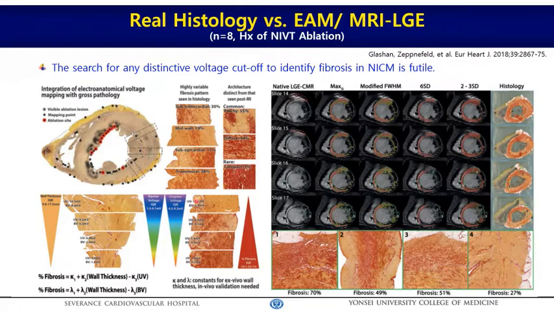In this example, you can appreciate 27% of fibrosis in this area without any late gadolinium enhancement. It's a clean area. Therefore, we have to recognize the limitation of the spatial resolution of cardiac MR, especially in patients with non-ischemic VT. So far, the correlation between MRI late gadolinium enhancement and histology was only proven in an animal model of ischemic cardiomyopathy.